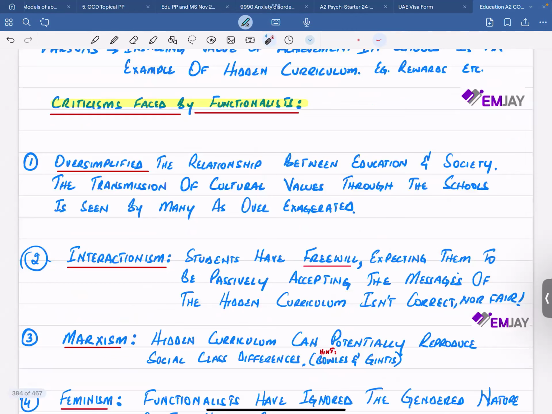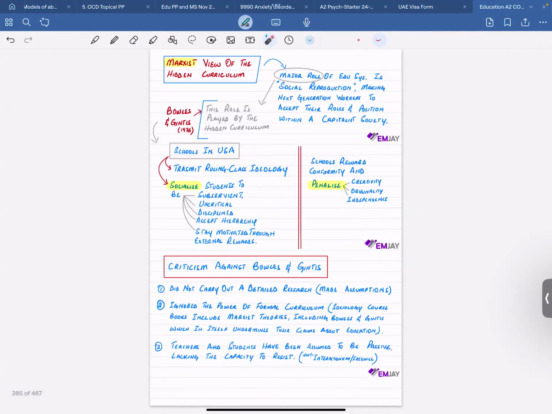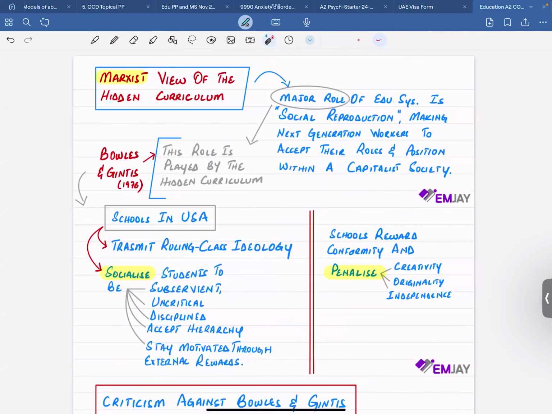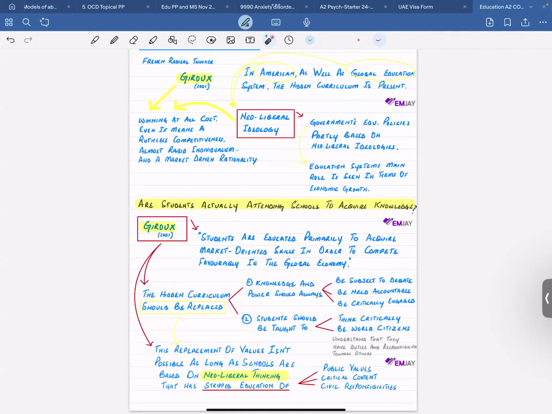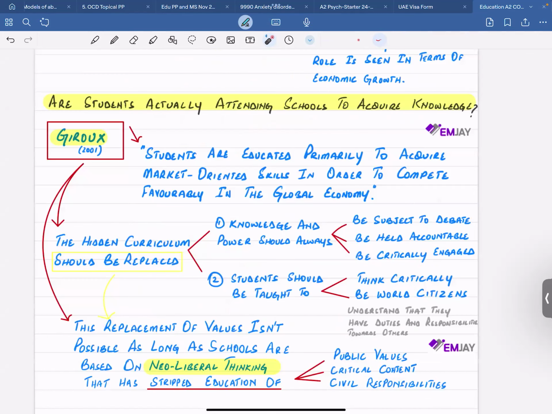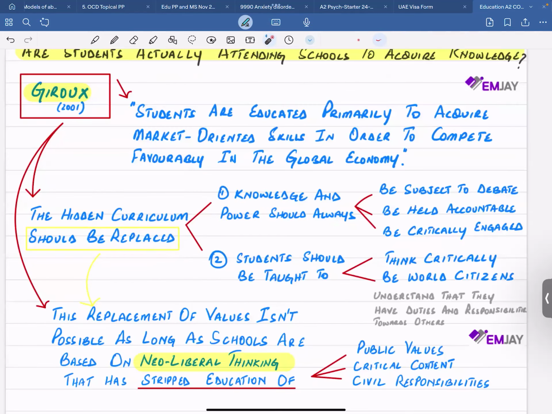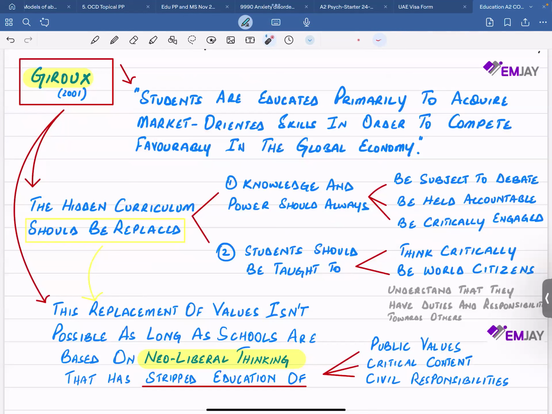Taking this ahead, you could write down about the Marxist perspective, if you feel like it. You could write down about Giroux. According to Giroux, students are educated primarily to acquire market-oriented skills in order to compete favorably in the global economy. So according to Giroux, all of this needs to be replaced.